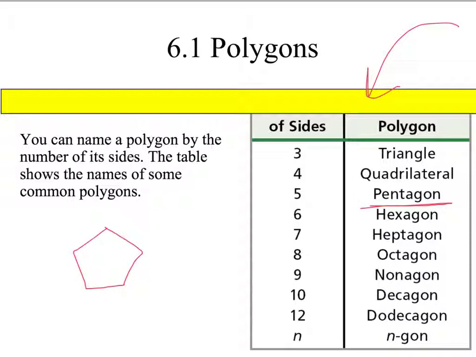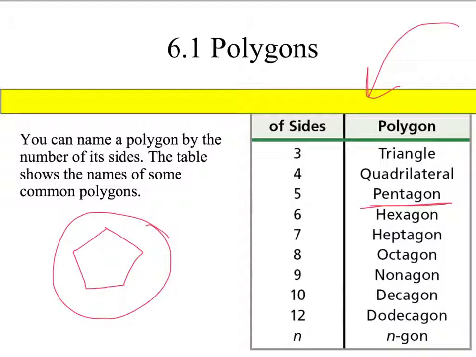Just because it does not look like this does not mean it's not a pentagon. A pentagon is any five-sided shape. They don't have to be, we'll get into this later, regular polygons or a regular pentagon. But as long as it has five sides, it would be a pentagon.